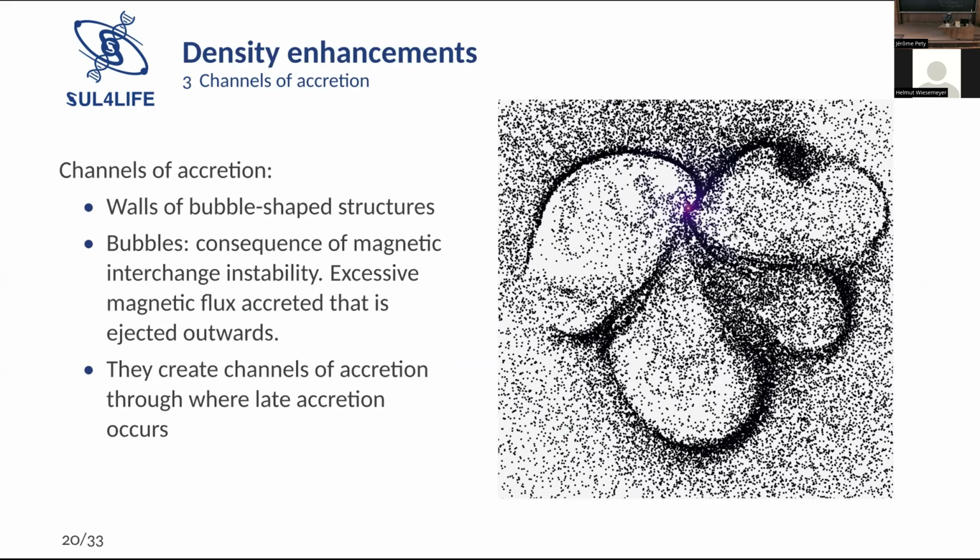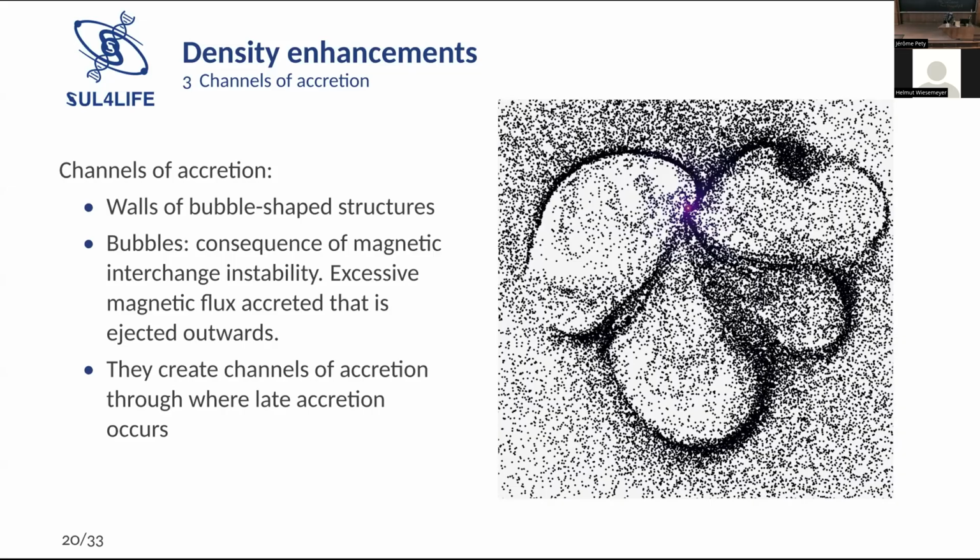And these channels are actually the walls of some bubble-shaped structures. These bubble-shaped structures appear as a consequence of an instability, what we call the magnetic interchange instability, and is when you have excessive magnetic flux that you have to eject at some point. And this creates these channels of accretion where the late accretion can reach the disk, okay?